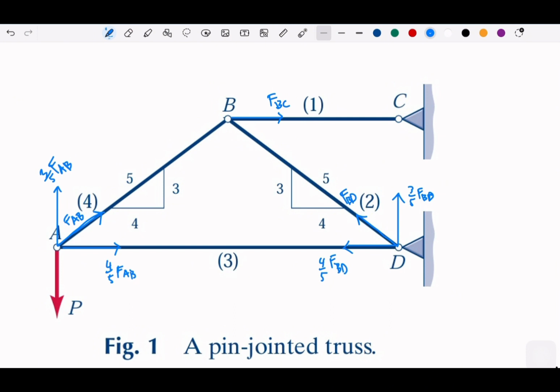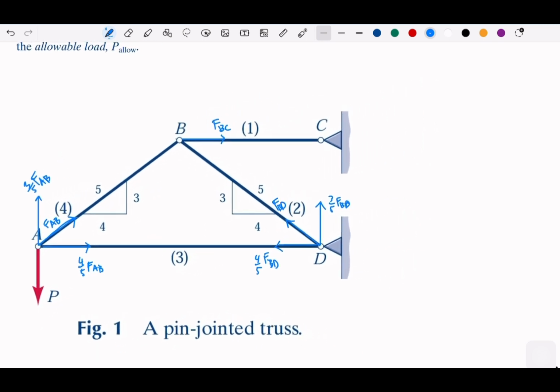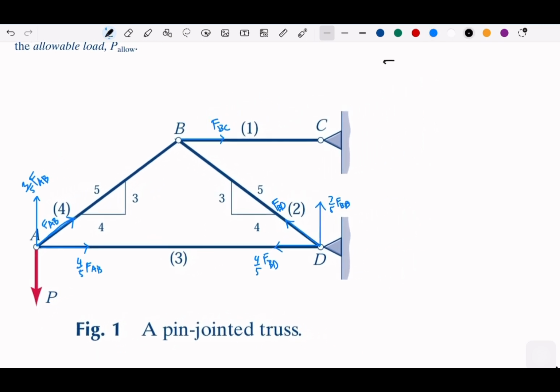Now if we cut only the ABD and we take the sigma moment, first we can take the sigma F for X and for Y. This could be 0, and we take the sigma moment.